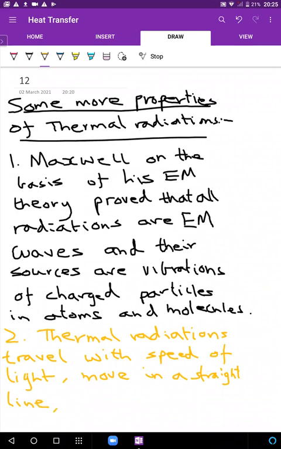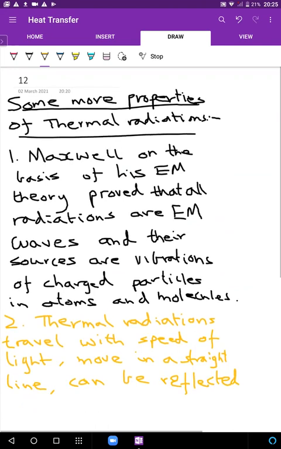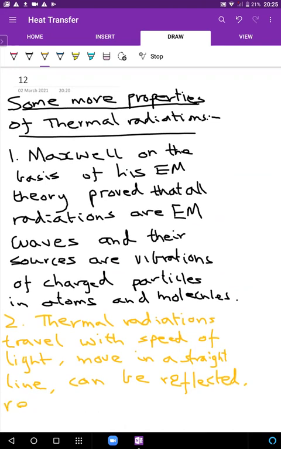They can be reflected, refracted, polarized. Polarized is a term we learn in wave optics. Basically, whatever light undergoes, these undergo because these are light.